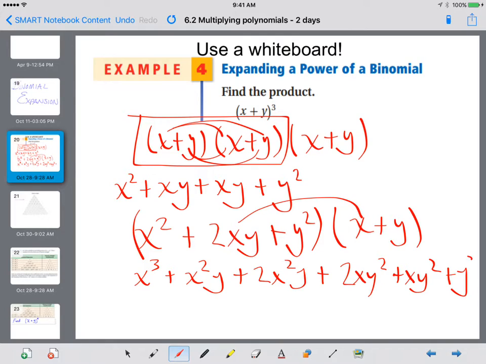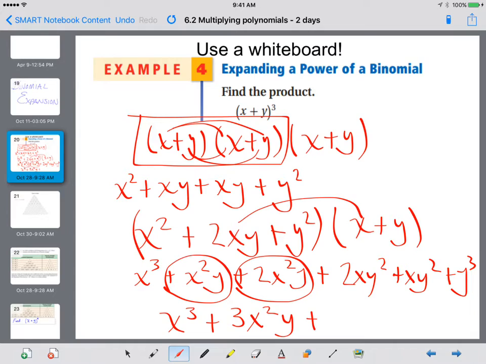And lastly, y to the third. Now we'd have to combine like terms. So my final answer, x cubed plus 3x squared y plus, I can combine those two, 3xy to the second plus y to the third.